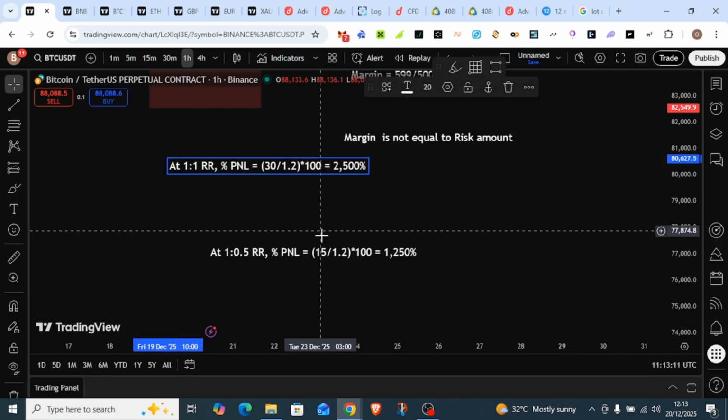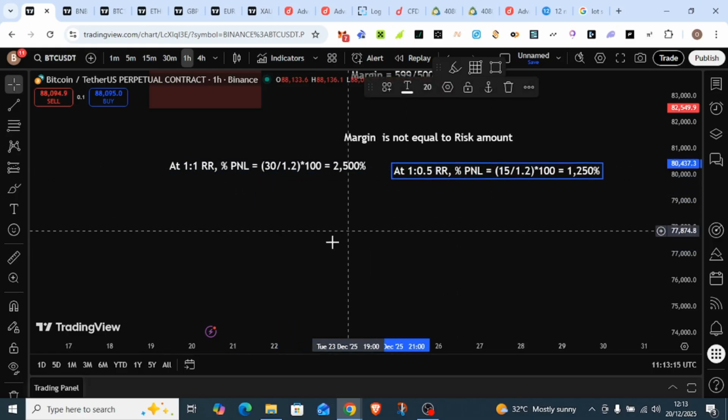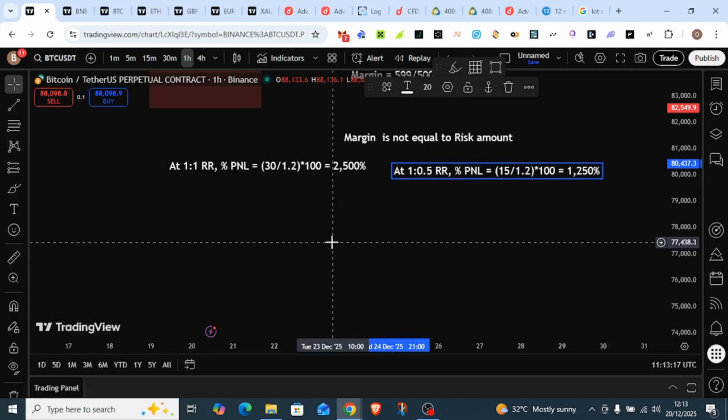So what most of these marketers and traders do is to use the percentage PNL to play on the psyche of traders who do not really understand the relationship between the PNL and the risk amount.